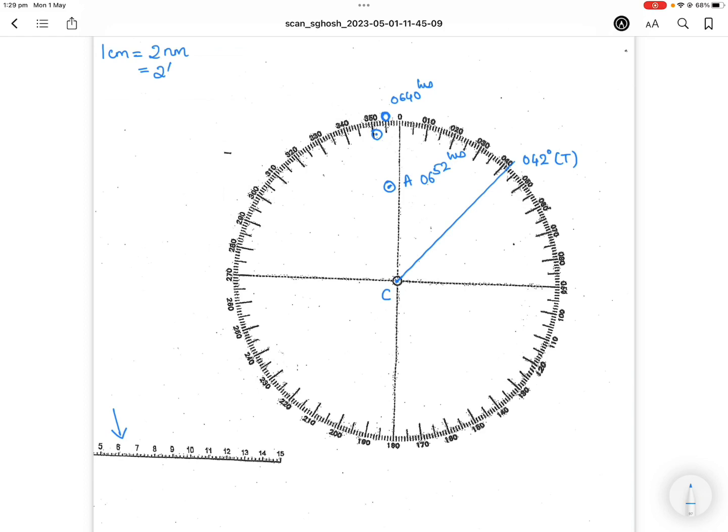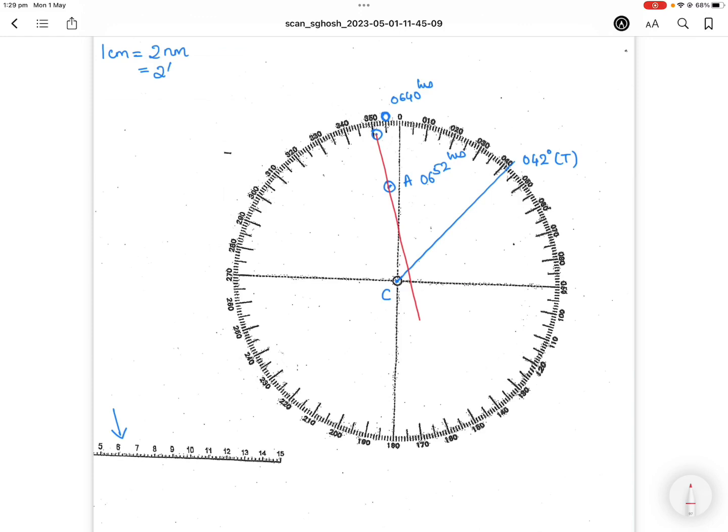These are the two observations of the target at two different times. I'm going to join this line, and I'm also going to use a different color pen so you don't get confused. I'm going to join these two dots and extend it so that it crosses my original course that I drew, this one here.